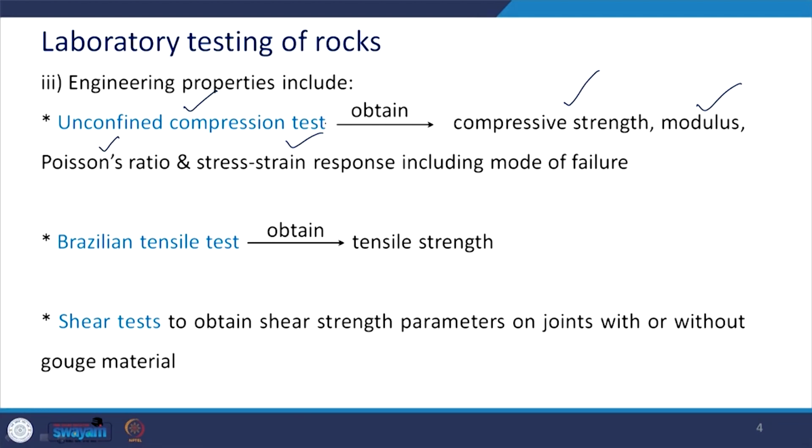We will discuss all these things in detail. The name of the test suggests unconfined compression test. That means we have to apply the loading in one direction and then try to fail the specimen and get the strength in one directional compression.